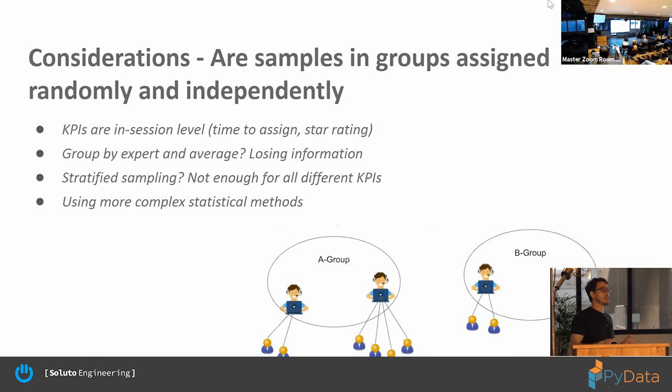So what we did in this case, we considered a few options. The first one is just group by expert. So instead of looking at every session, look at the average resolution rate per specific expert. The problem here is we are losing a lot of information. First, we are losing all the inner distribution for each expert with the sessions he answered.